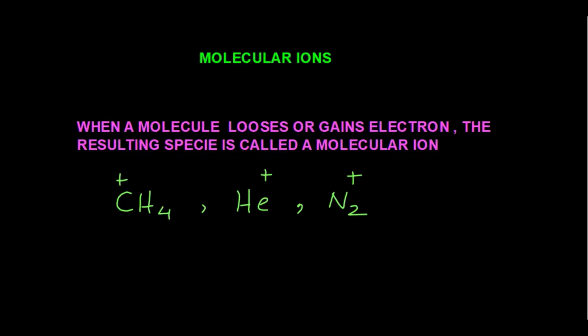These molecular ions are formed when gases are bombarded with high energy electrons in a discharge tube. The gases ionize to give molecular ions. Molecular ions are highly reactive species. I hope molecular ions are clear to you.